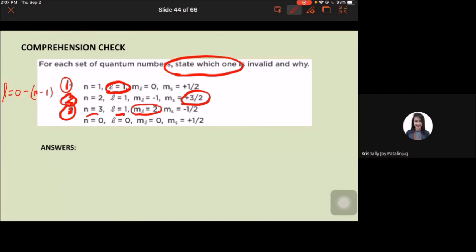How do we get m sub L? Via the L value. So the m sub L here should only be negative 1, 0, and positive 1. So there is no 2. This one is wrong.